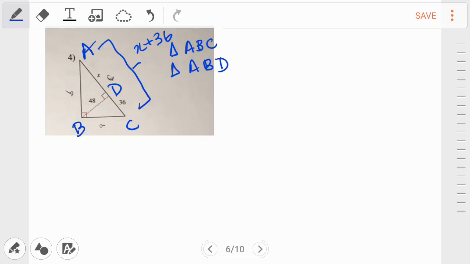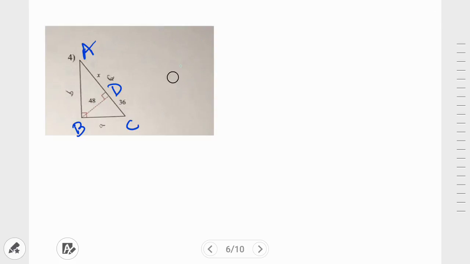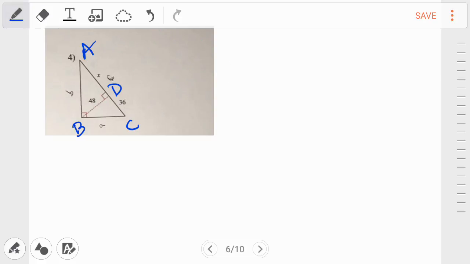Okay, so let's try that, using the two smaller triangles. Suppose that I did not have the value of 36 over here. You probably won't even be able to solve the question.